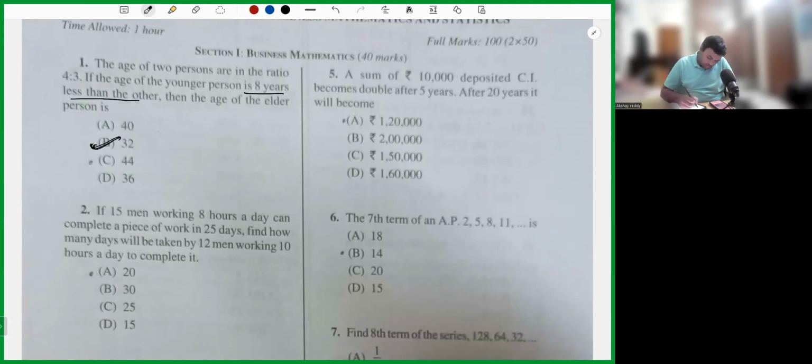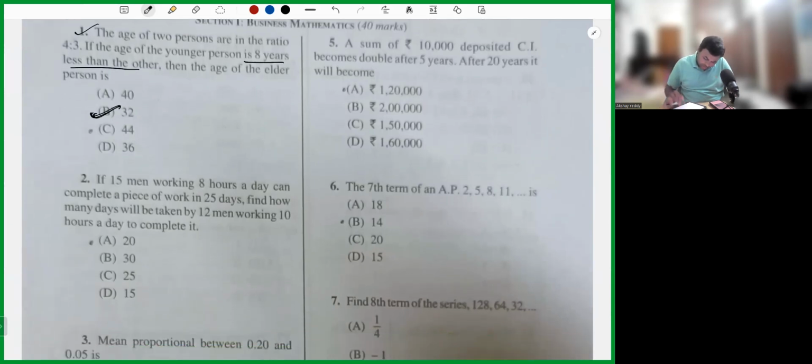He's asking the age of the elder person. The age of the elder person is 32. I hope the point is clear. It's nothing much difficult. Now, if you have used any other method of solving and got the same answer, it's completely fine. If you don't know the method of solving, you can see the method I have used.